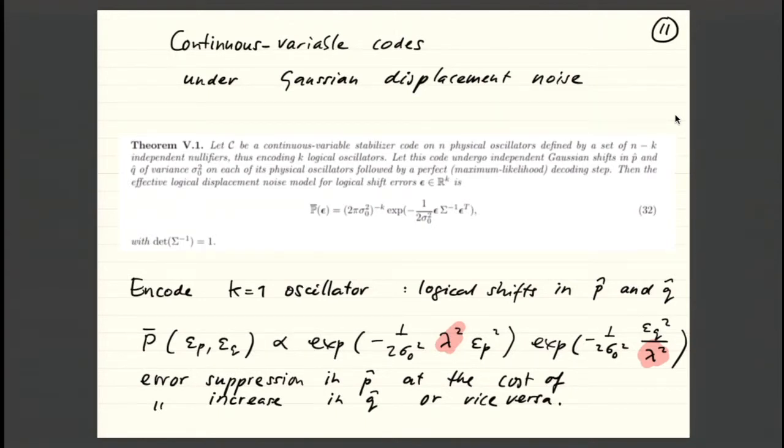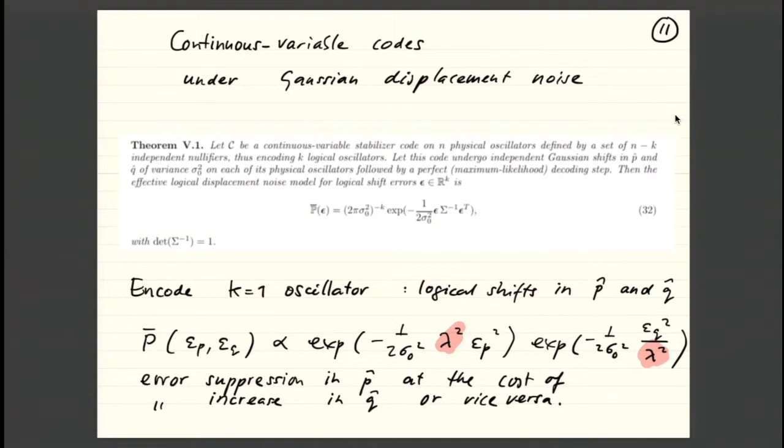We call that squeezing, in the sense that I can get error suppression of shifts in P, but I pay for it with error increase for shifts in Q. And if I want to store an oscillator as a quantum thing, I need to suppress both. The goal is to suppress errors in both shifts.